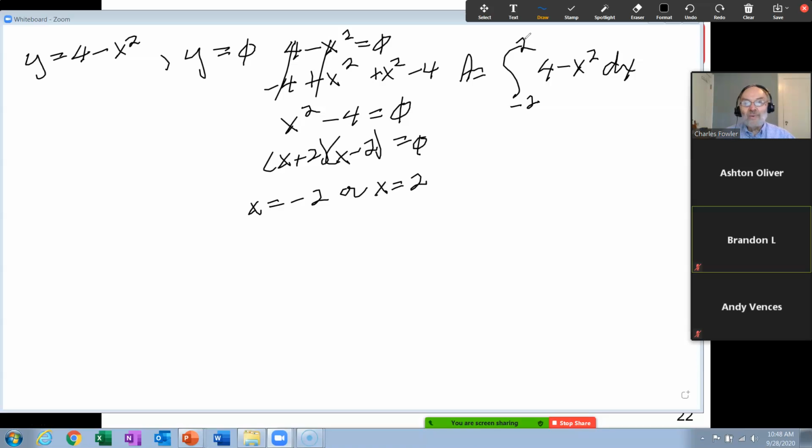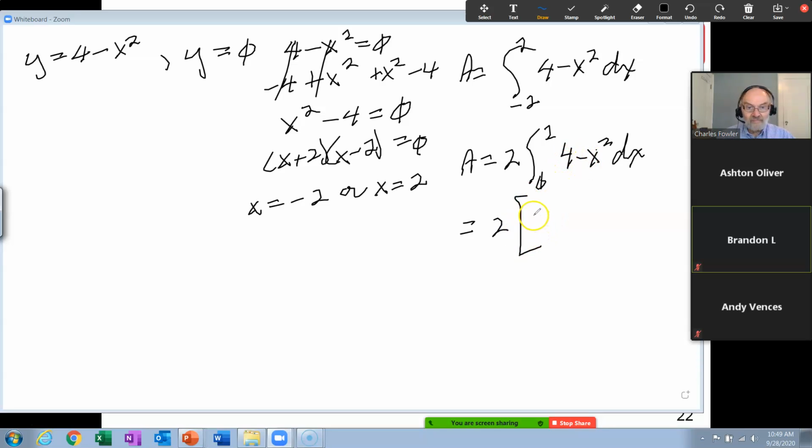Hey, all we have to do is go 0 to 2 and double it. So I'm going to rewrite this as the area is equal to twice the integral from 0 to 2 of the same thing, 4 minus x squared dx.